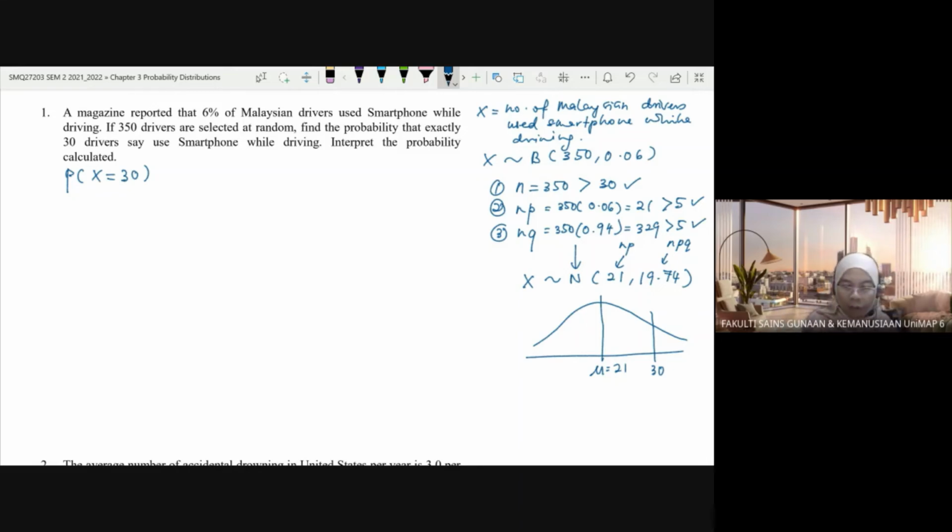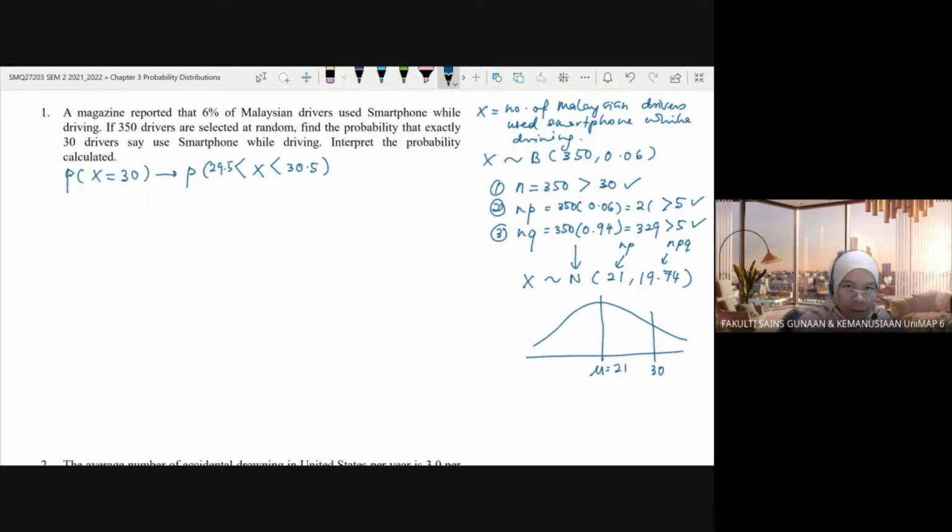If you have equal to 30, applying the continuity correction factor, this becomes P of x greater than 30 minus 0.5, which is 29.5, but less than 30 plus 0.5, which is 30.5.